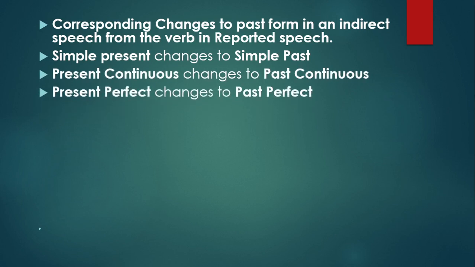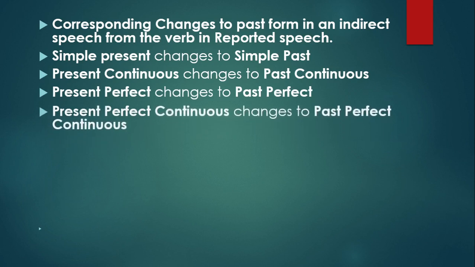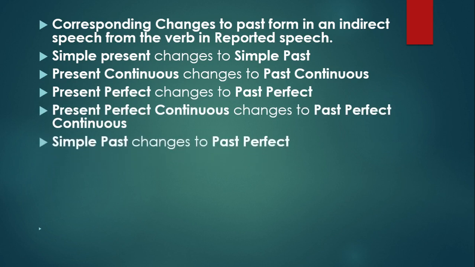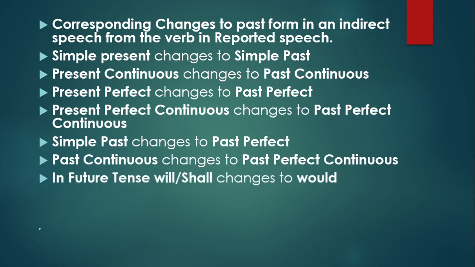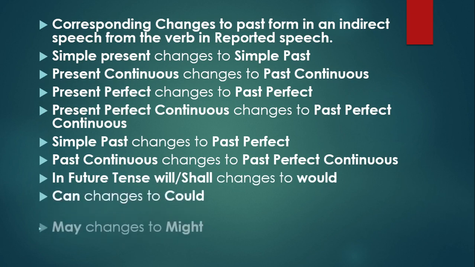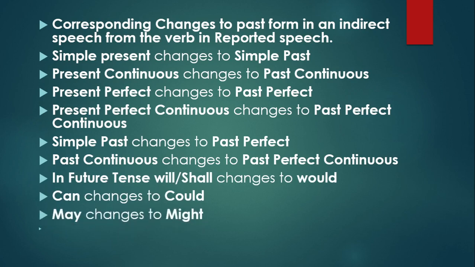Present perfect changes to past perfect. Present perfect continuous changes to past perfect continuous. Simple past changes to past perfect. Past continuous changes to past perfect continuous. Future tense will or shall changes to would. Can changes to could. May changes to might.